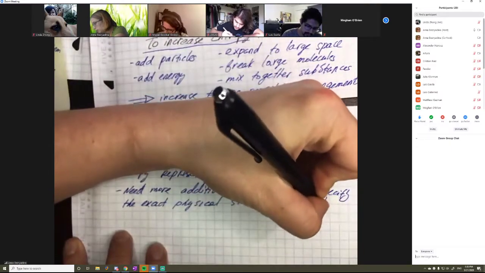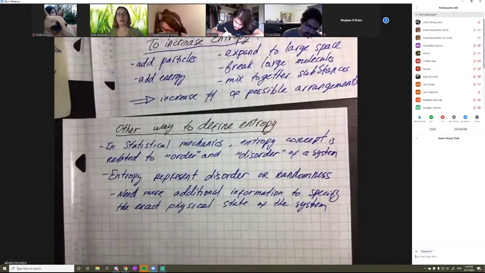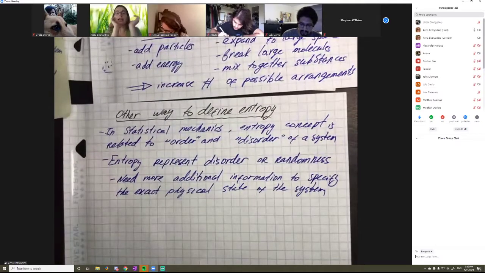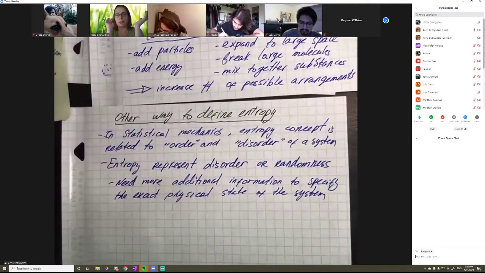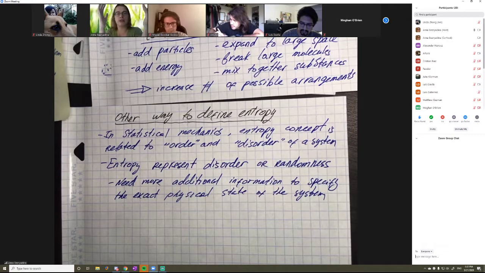So entropy is related to disorder or randomness, and you can look at it as something that is not ordered. We need more information to explain what is going on.